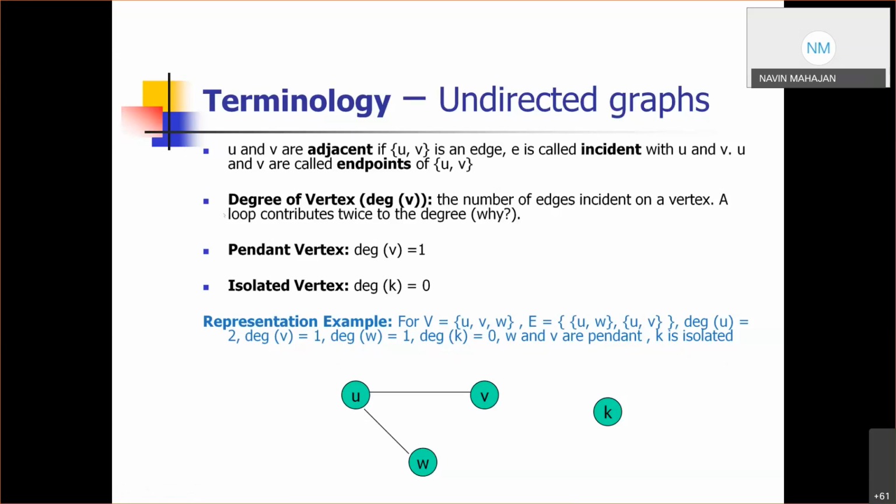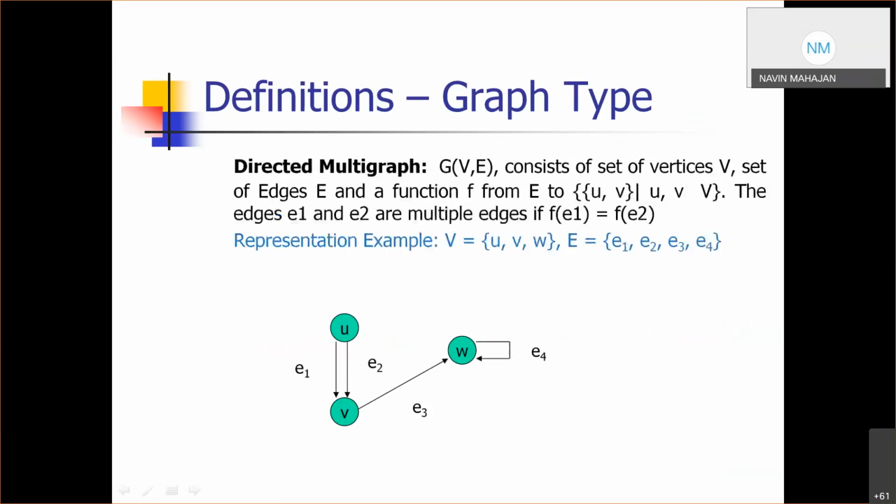Now, what is the degree of a vertex? The degree of a vertex in an undirected graph is the number of edges incident on that vertex. A loop contributes twice to the degree. Where have we seen a loop? This is a loop, for W we have a loop.